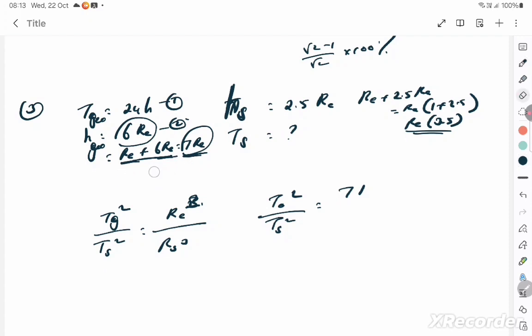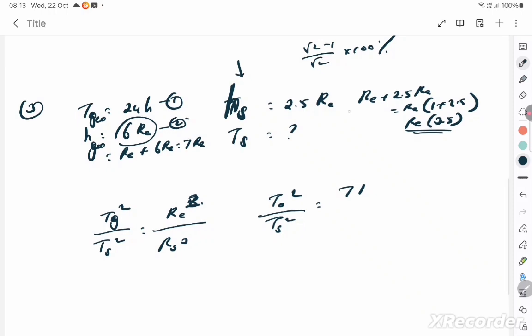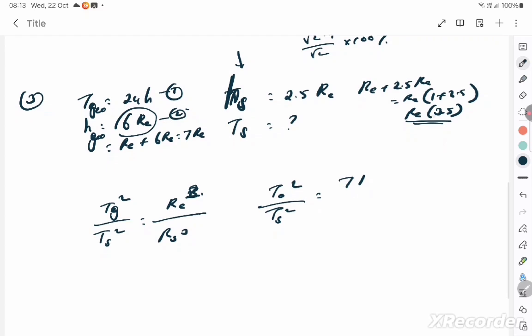We are definitely going to use Kepler's law, because they give another unknown satellite with a height of 2.5 Re. So add it to Re to get the total distance from the center of the Earth. And then they are asking for the time period of that satellite. So just write Kepler's law and write the ratio.